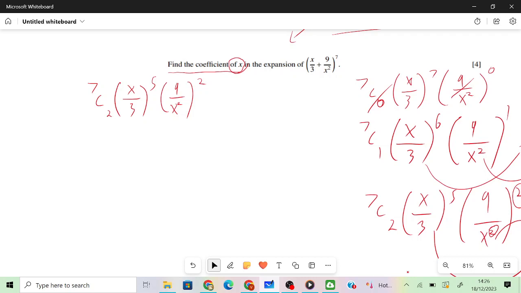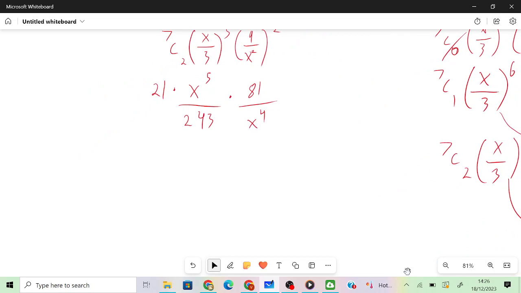7 combination 2 is 21, so you have 21 times x raised to the power 5 over 3 raised to the power 5 as well, because what happens to the numerator is also happening to the denominator, and 3 raised to the power 5 is 243, and multiply this out by 9 squared, that's 81 over x squared, and all squared that again, so that's x raised to the power 4.